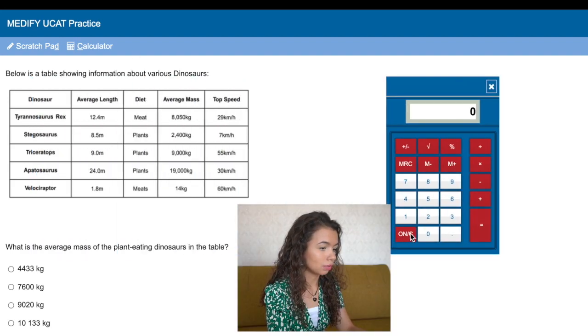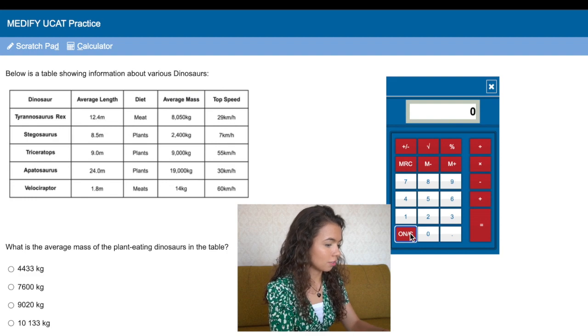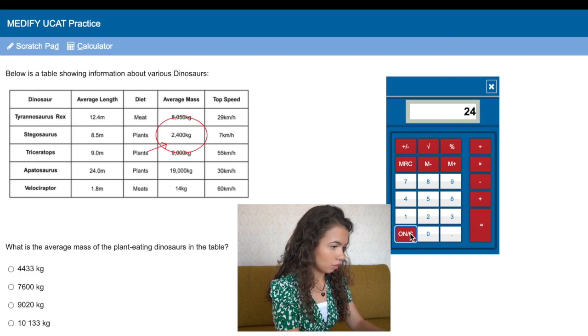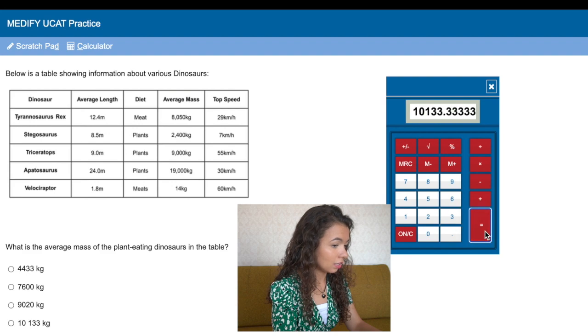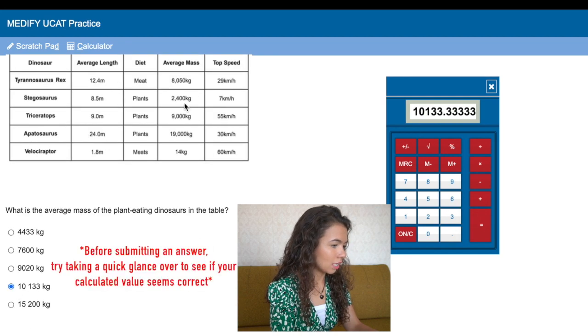So another simple average question. Does that seem right? Yeah, I would say so, because the range is from almost 2,500 to 19,000. So I think 10,000 sounds about right.